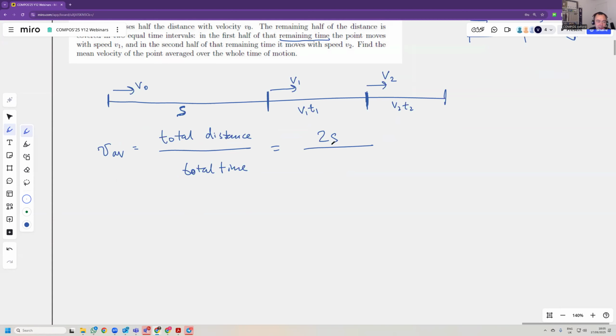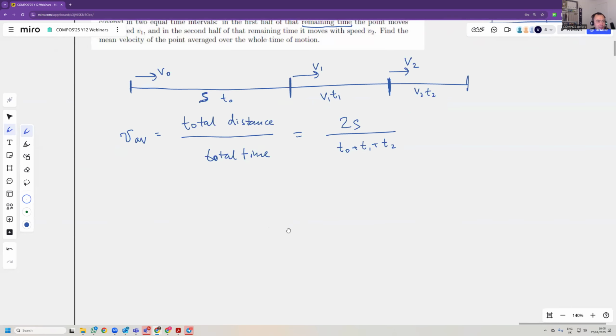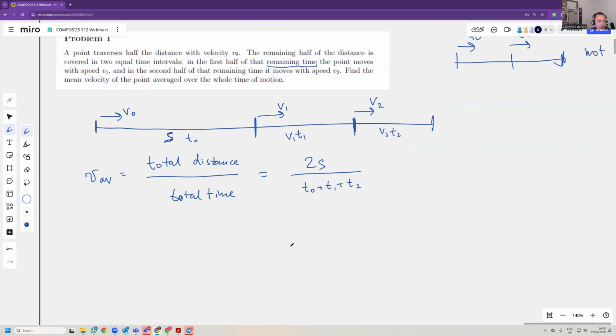So we can say the total distance is 2s divided by the total time, which is, let's say it's t0, and it's t0 plus t1 plus t2. Now, we know that v1 t1 plus v2 t2 must be s. Because this is half the distance s, and this is half the distance, another s.